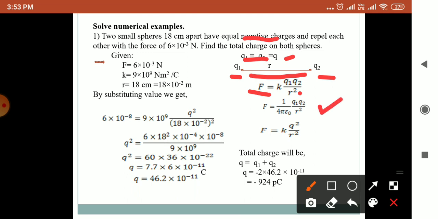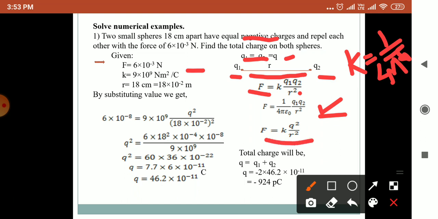Here K is a constant which is equal to 1 upon 4 pi epsilon 0, having value 9 into 10 raised to 9 Newton meter square per Coulomb. Here Q1 Q2 will be Q into Q, so that becomes Q square upon R square. So F equal to K into Q square upon R square.